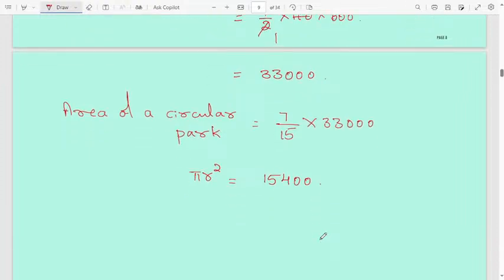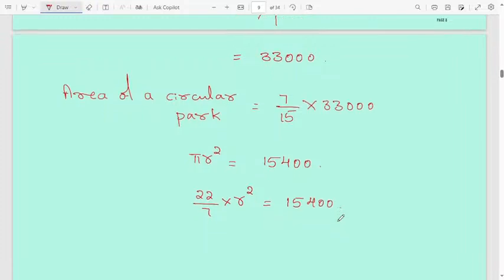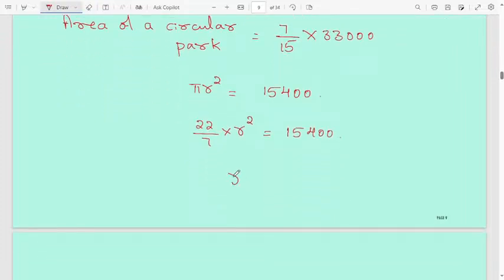Cancellation, simplification, do it yourself. Then substitute the value of pi here: 22 by 7 into r square is equal to 15400. Then r square will be equal to 15400, take the reciprocal, you will get 7 by 22.